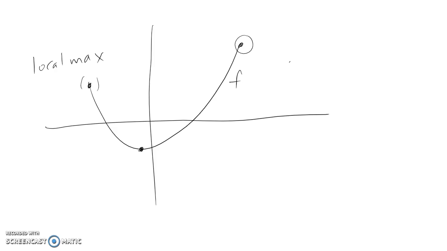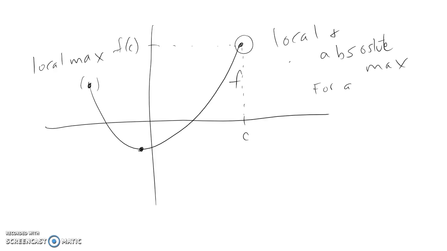Up here, though, we can call this an absolute max. In fact, it's a local max and an absolute max. Because for all x in this interval, if I think of this x value c, and the function value here will be f of c, we can say for all x in the interval near c, f of x is less than f of c.